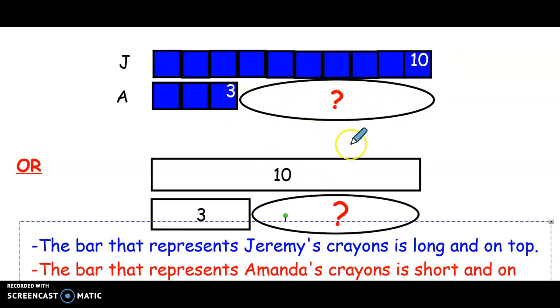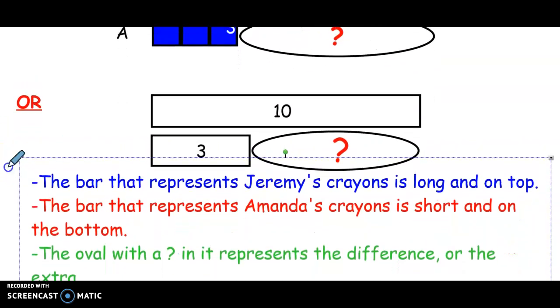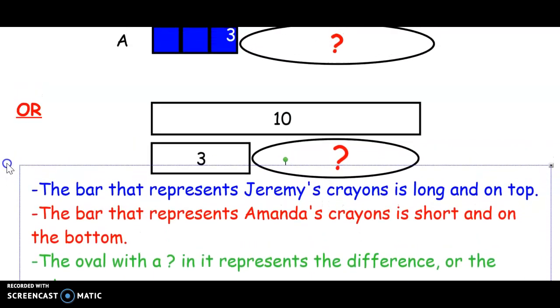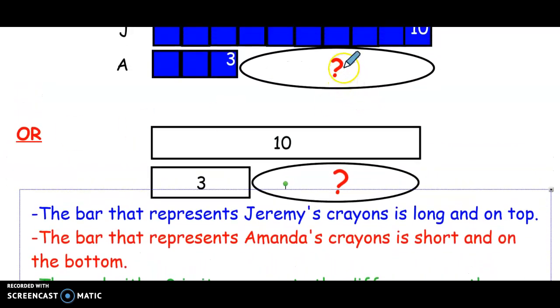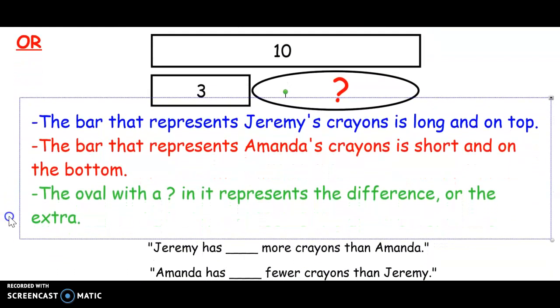It just looks nicer. Here it's represented with the stair steps. Here it is represented with the actual comparison bars and the difference being inside the oval. So the oval with a question mark in it represents the difference or the extra. I also call it the unknown, what we're actually looking for.